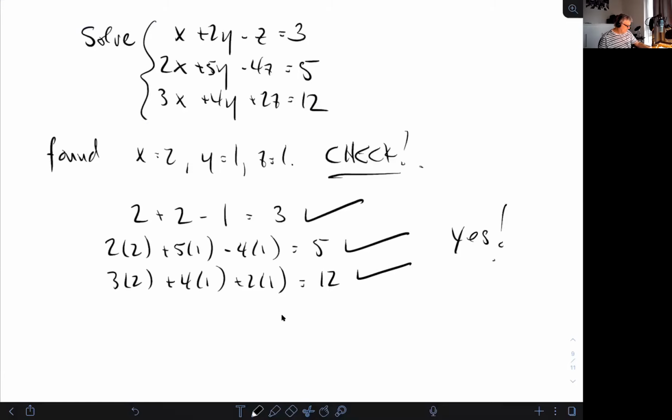All right. Question. Yep. In WebWork, it says R2, meaning row 2, equals -1 times row 1 plus R2. So that means it's the result of row 2, isn't it?